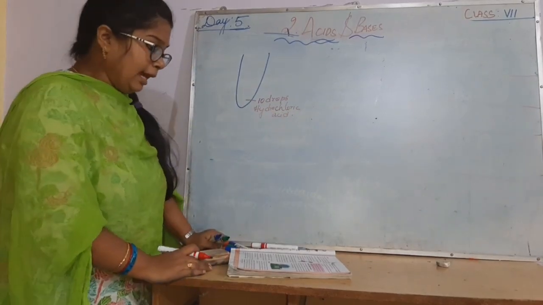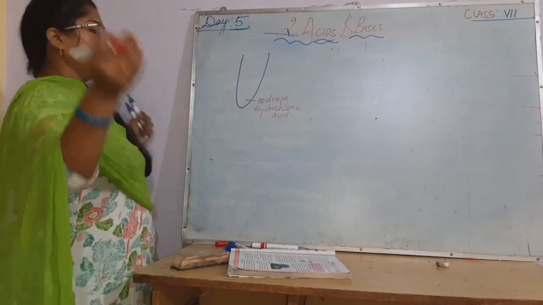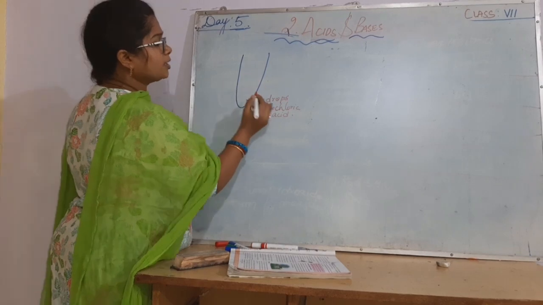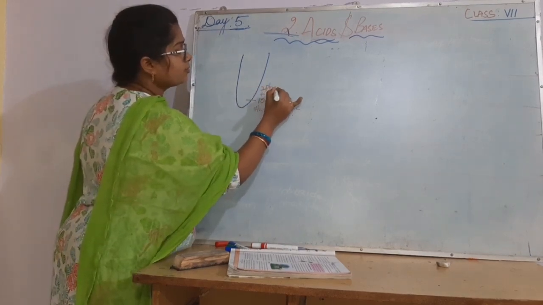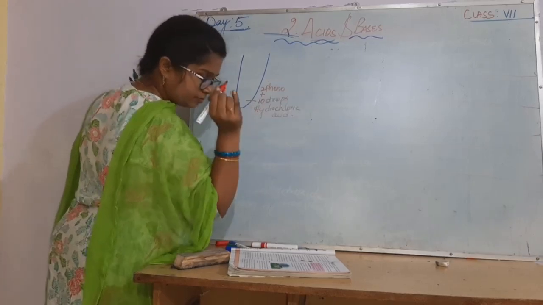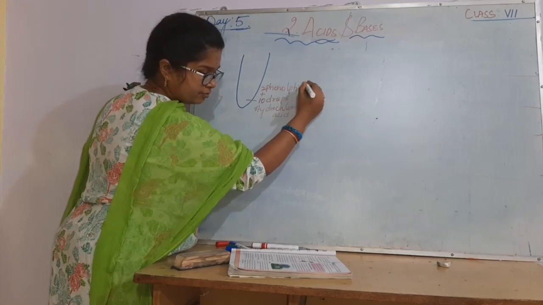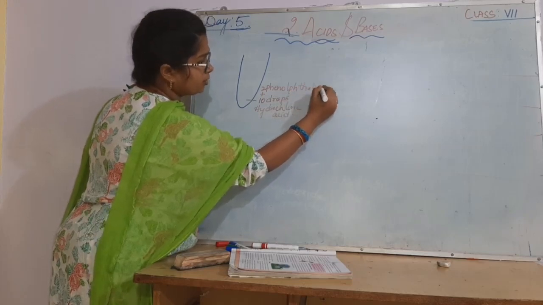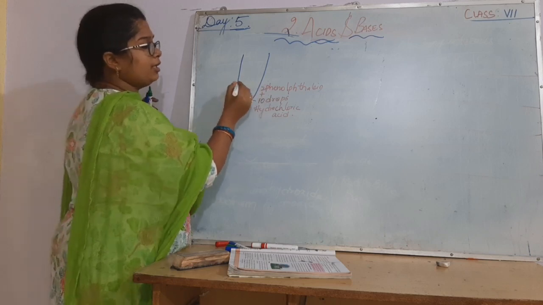Next, add 2 drops of phenolphthalein indicator solution. 2 drops of phenolphthalein solution. So you know, when acid is added with phenolphthalein solution, it becomes what?